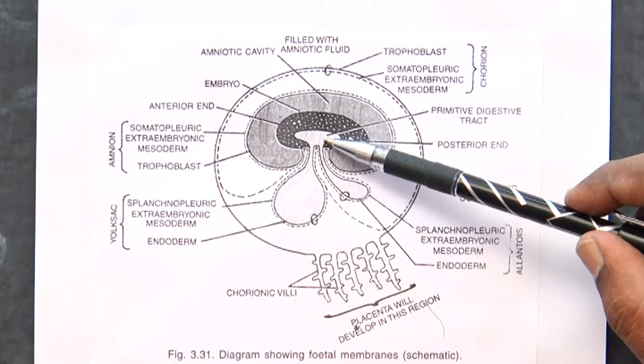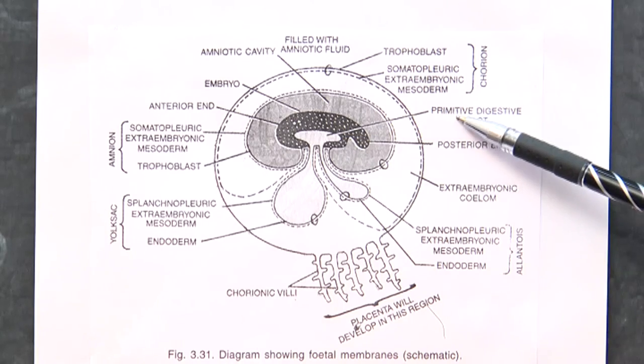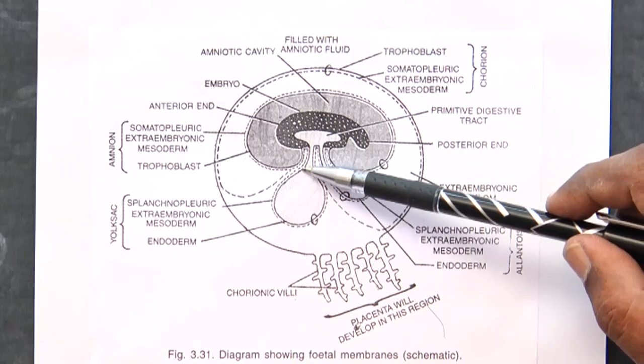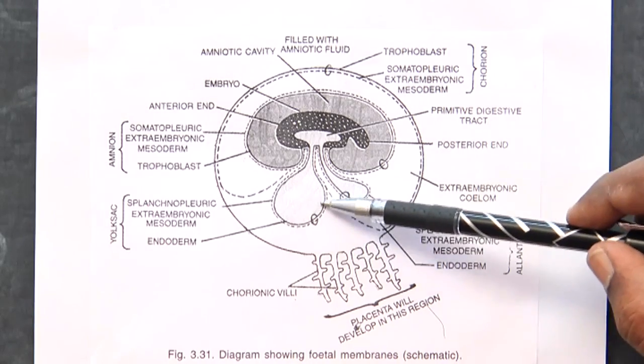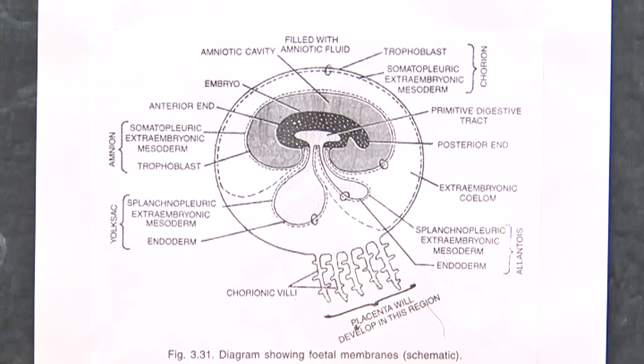And this white color is the developing digestive tract. And from this digestive tract you can see a sac-like structure extending outside, and this is called the yolk sac, and it contains the splanchnopleuric extraembryonic mesoderm, and it has an endoderm. So these two structures form the yolk sac.